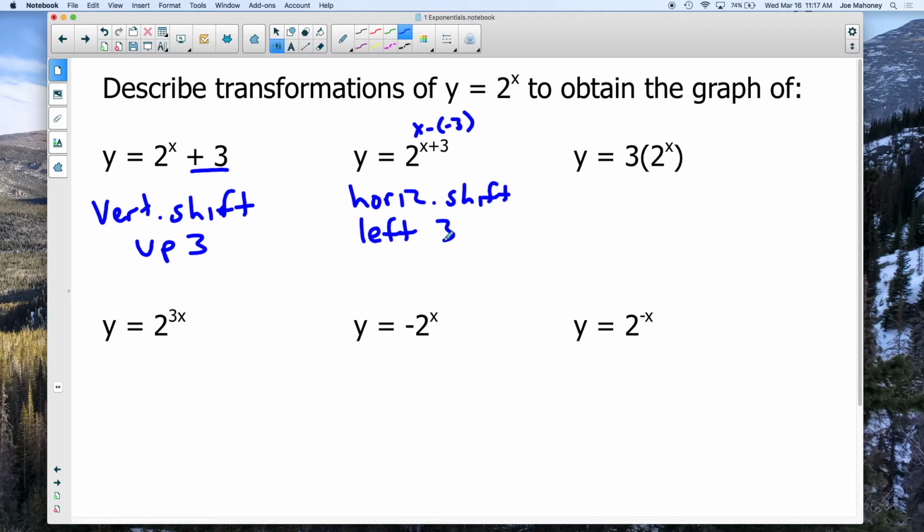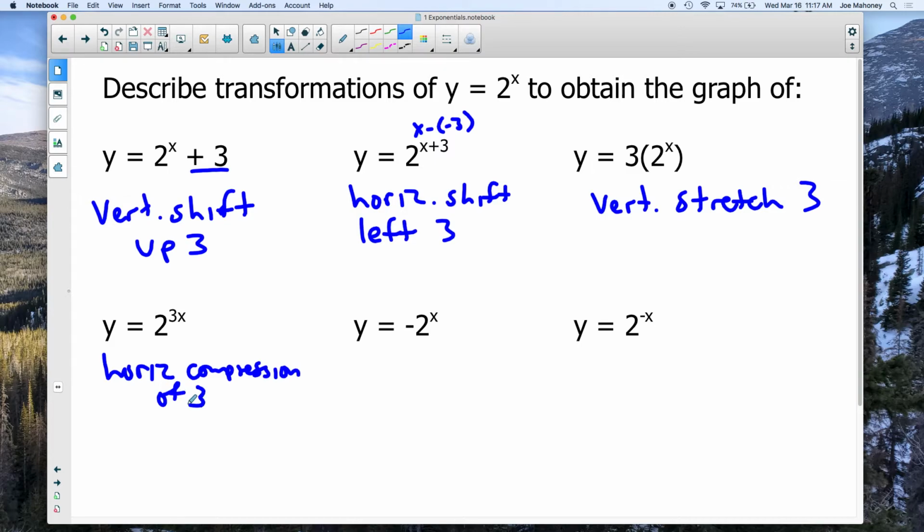And a 3 multiplied by the function is going to be that vertical stretch of 3, where each y value is 3 times higher. And if we multiply the x value, the input, by 3, that's our horizontal stretch, or horizontal compression, if you will. So horizontal compression of 3.